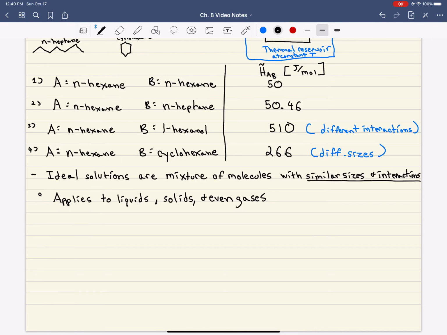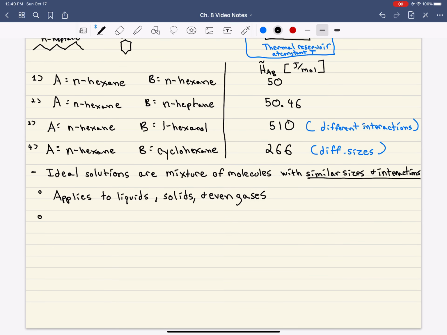At this point, I should also emphasize that an ideal solution is not the same as an ideal gas. Remember, with an ideal gas, the inherent assumptions are that the molecules don't interact with one another, and that the molecules have no size.